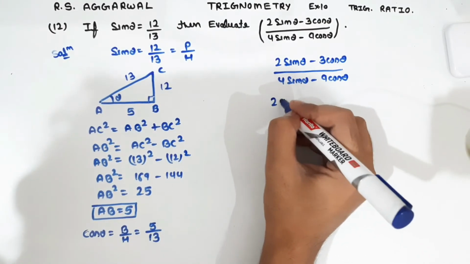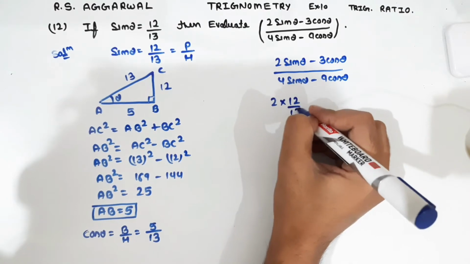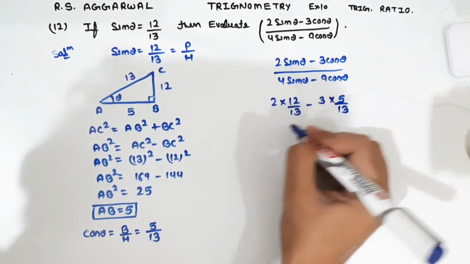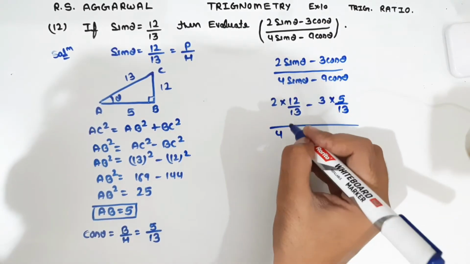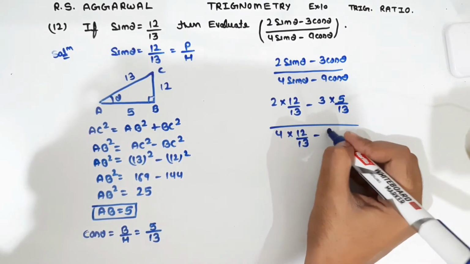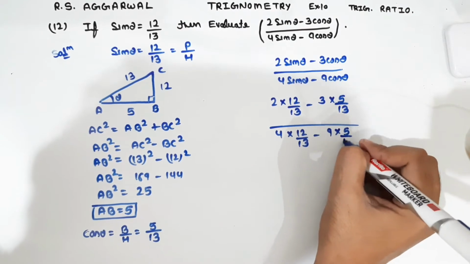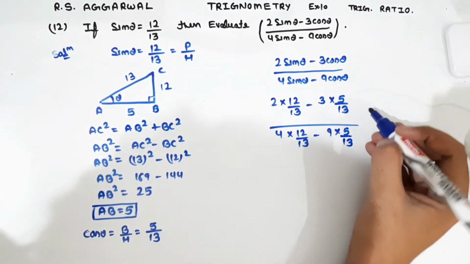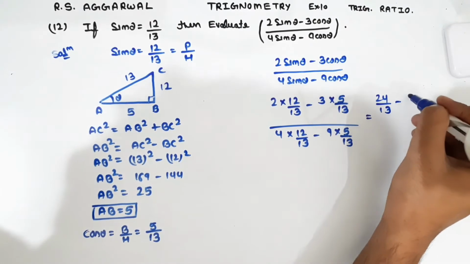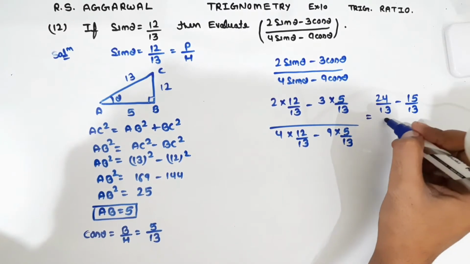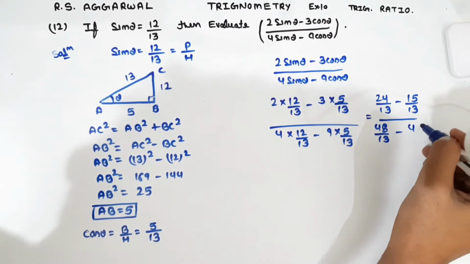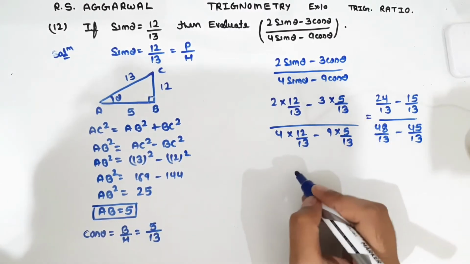So 2 sin theta is 12 upon 13, minus 3 cos theta is 5 upon 13, upon 4 sin theta is 12 upon 13, minus 9 cos theta is 5 upon 13. So from here this will be equal to 24 upon 13 minus 15 upon 13 upon 48 upon 13 minus 45 upon 13.